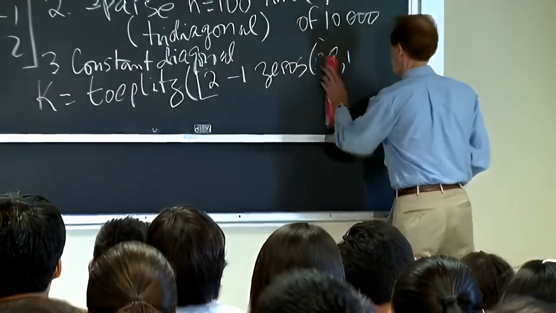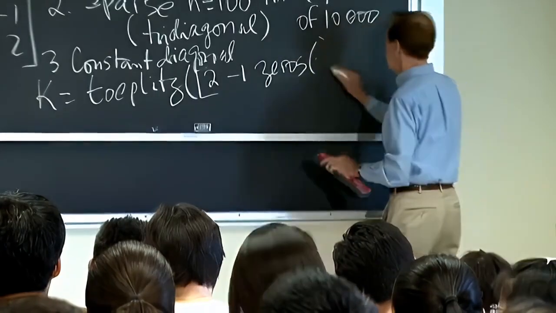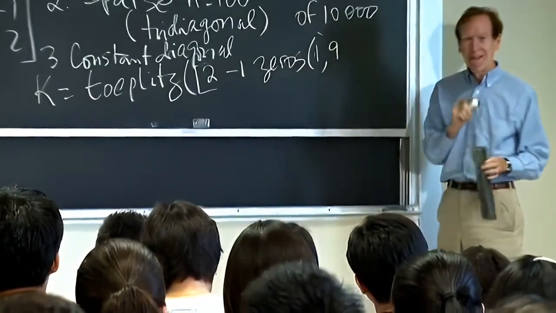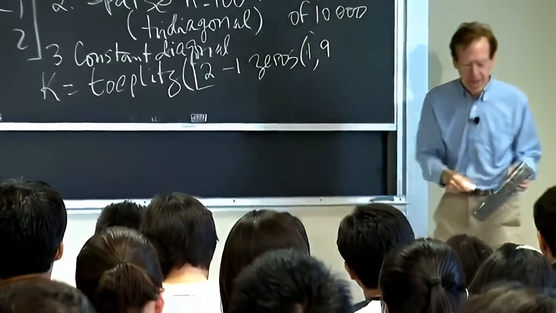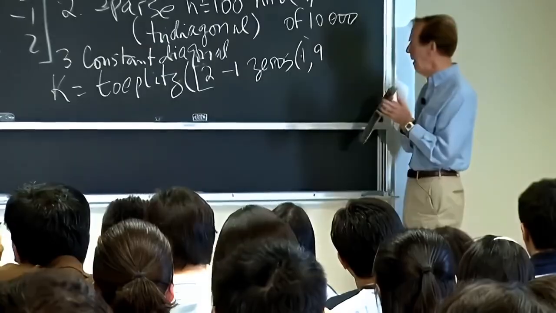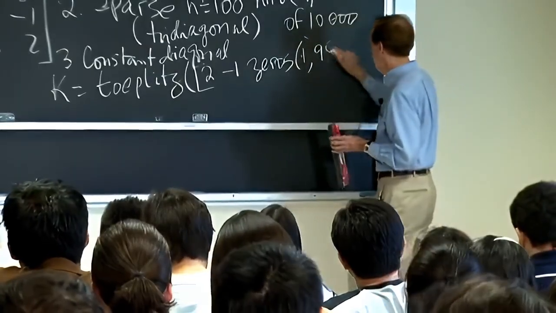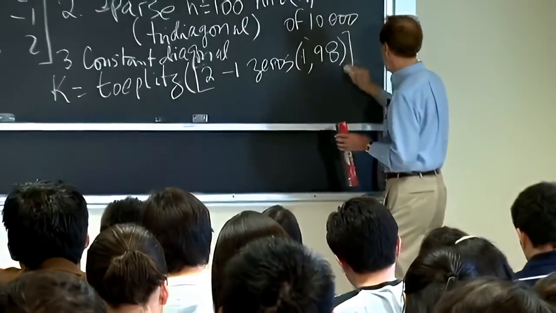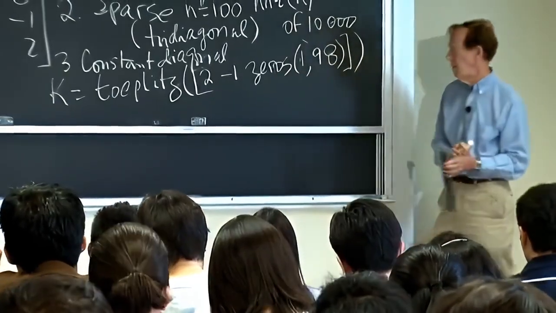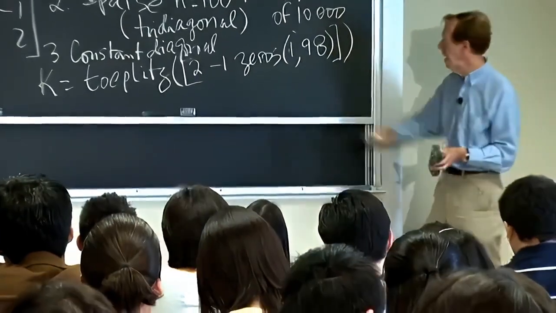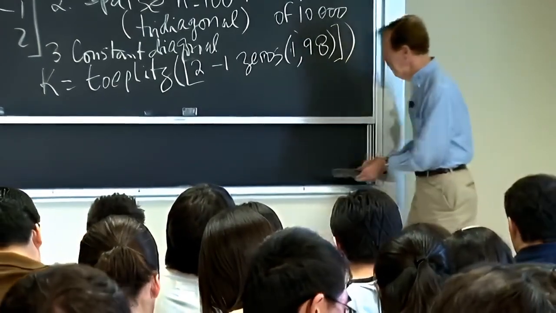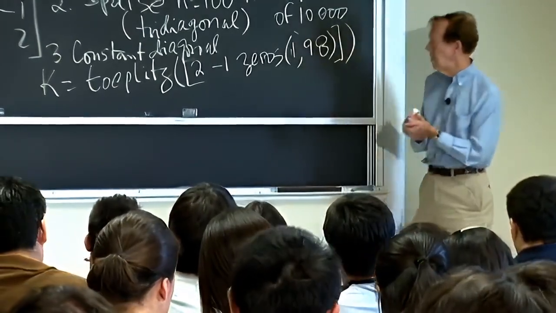Anyway, I realize getting this videotape means I'm supposed to get things right. Usually it's like get it right later. But anyway, that might work. There's a command that you know, zeros, that creates a matrix of this size with all zeros. That would create the 100 by 100 Toeplitz matrix.